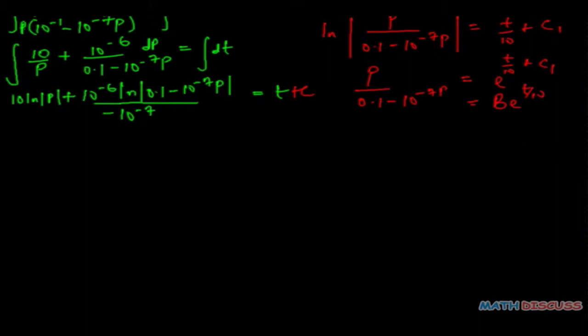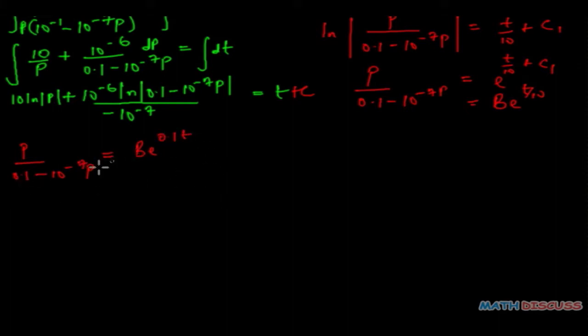We're still on the stage of breaking the whole thing down. So we have P divided by (0.1 minus 10 to the power negative 7 P) equals b e to the power t over 10, which is 0.1t.